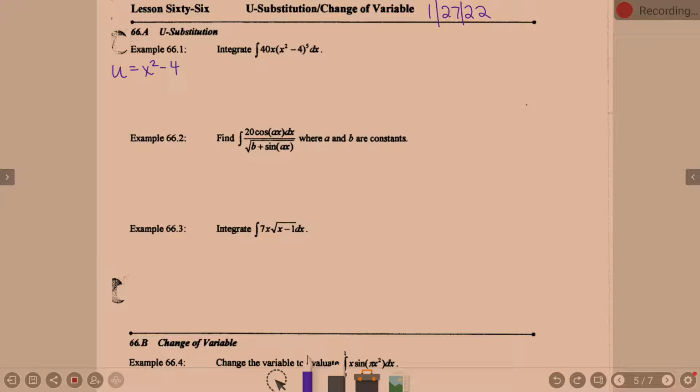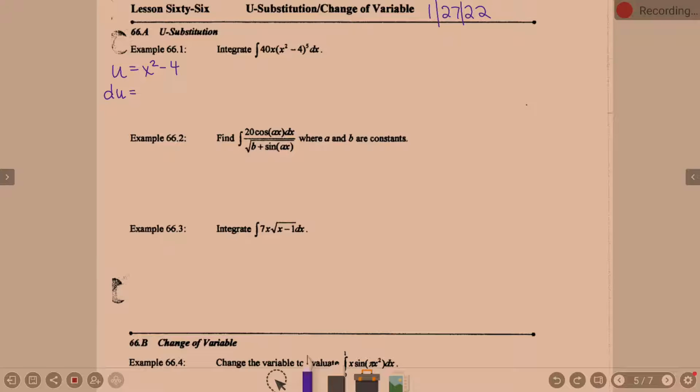Now, while we're over there off to the side, we're going to go ahead and take the derivatives of both sides. We're going to use our differentials. The derivative of u is just 1, but I'm going to say 1 du, or in other words, du.